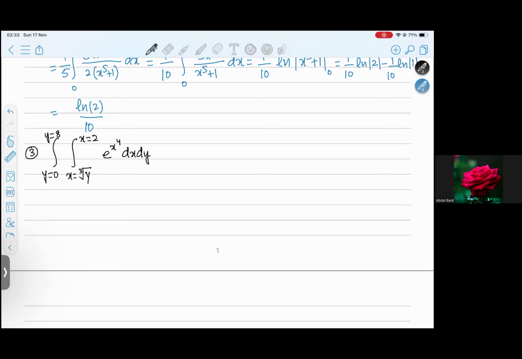Okay, if I just draw the region on which we are evaluating this integral, the region will be somewhat like this.